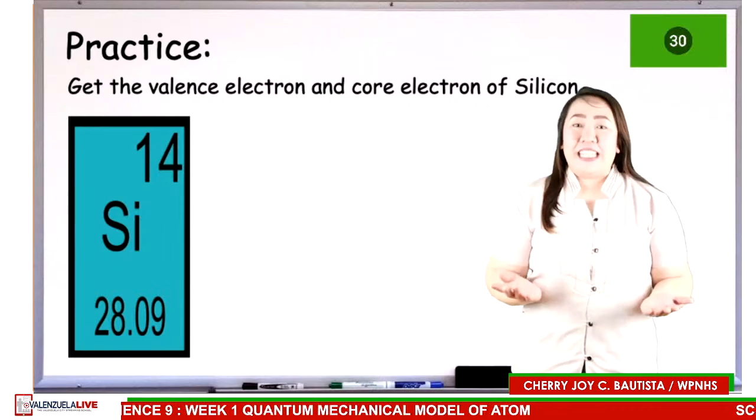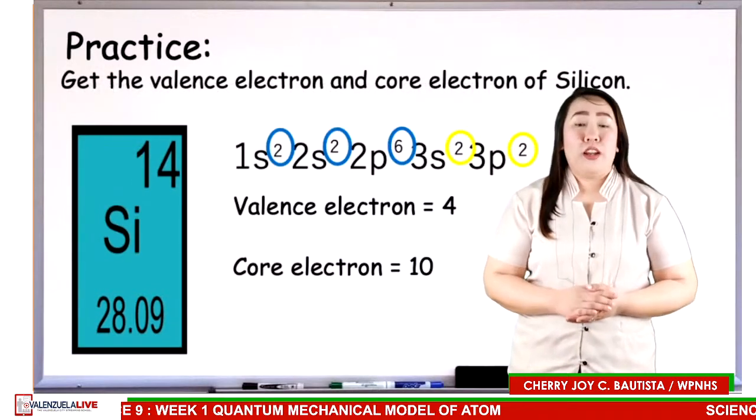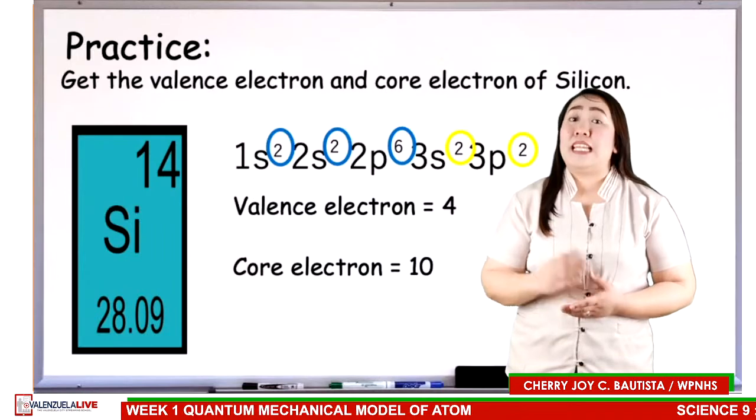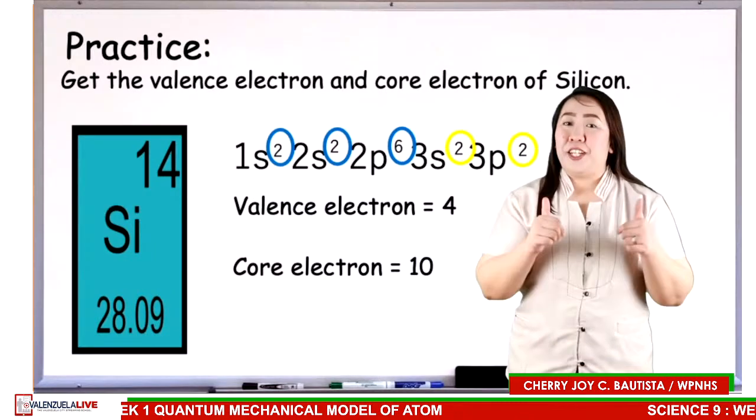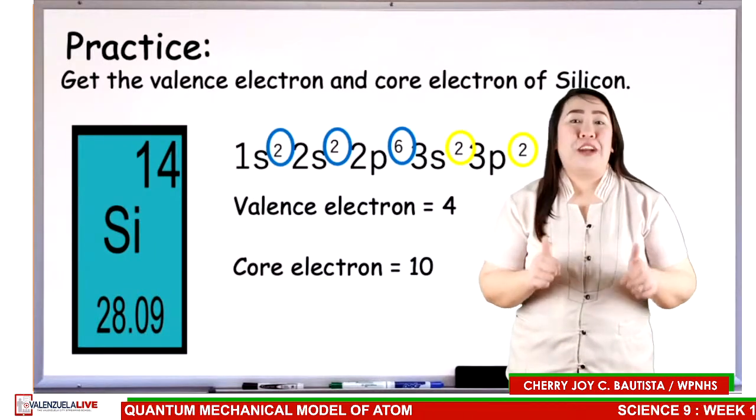The valence electron is 4 and the core electron is 10. Are you correct? Great job!